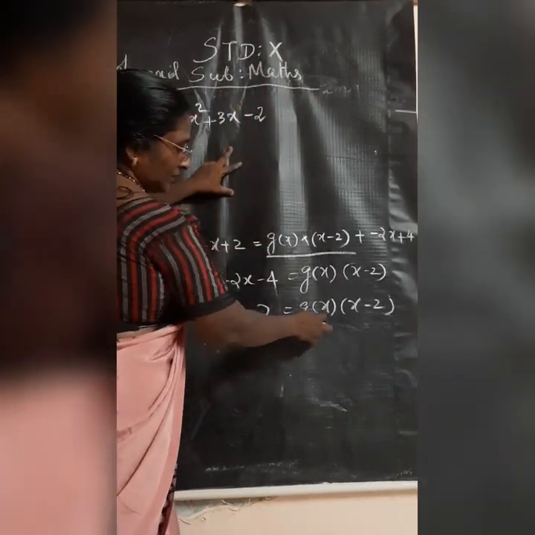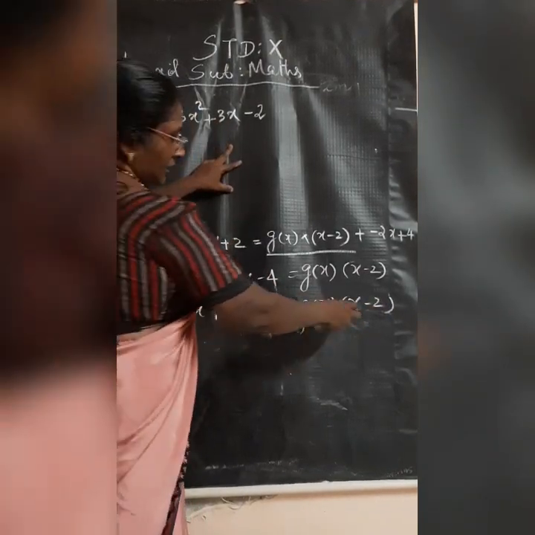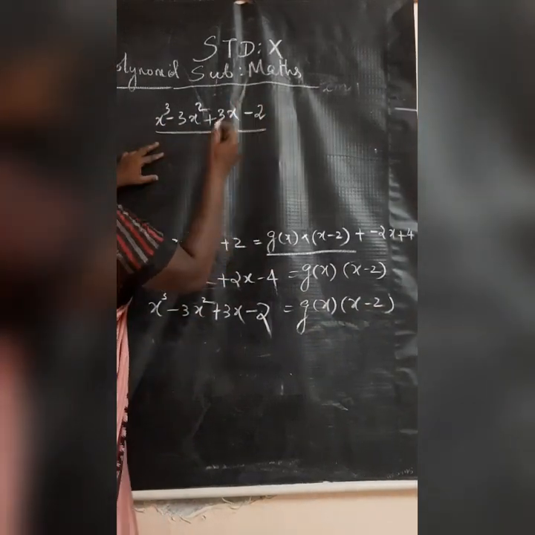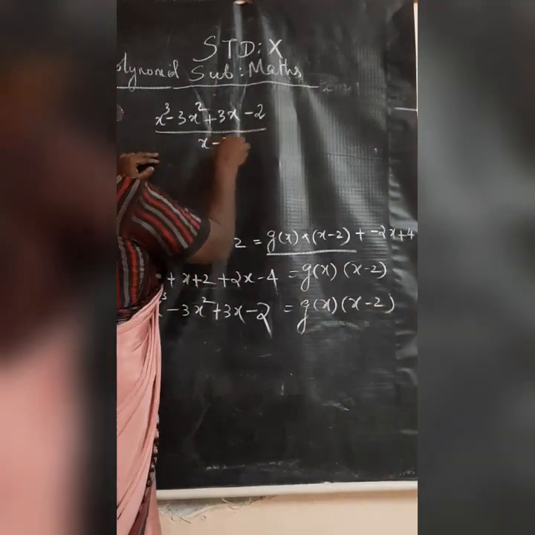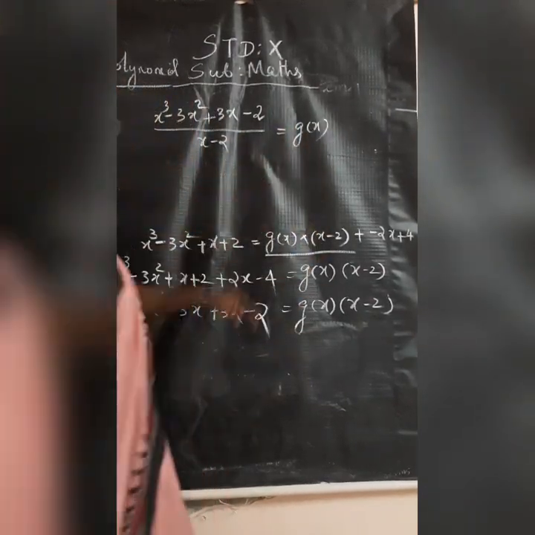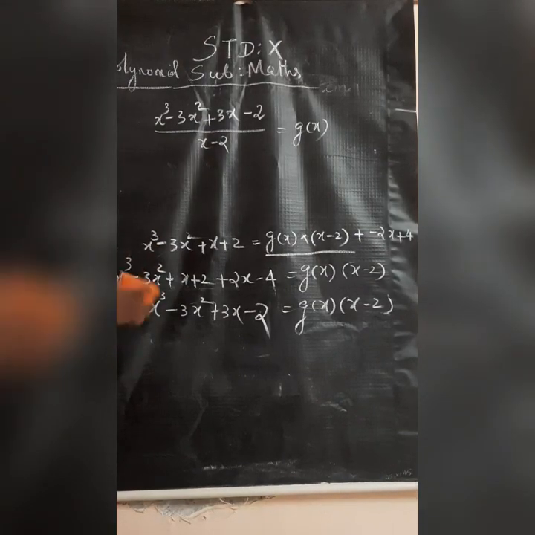Here you want to find out g of x. Therefore this x minus 2, which is multiplying with g of x, comes to this side as division. So x minus 2 is equal to g of x. Okay, you got the value of g of x. Now we will divide and write.